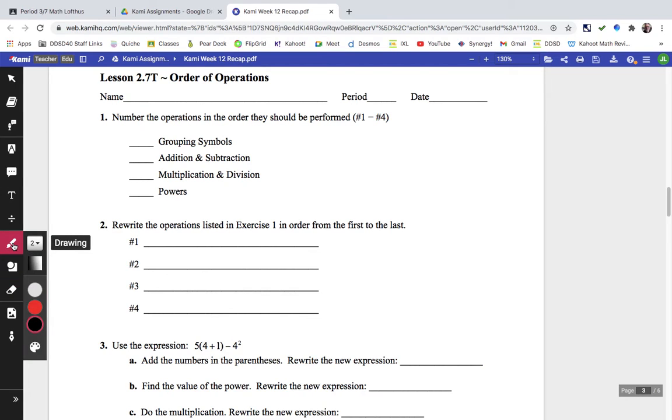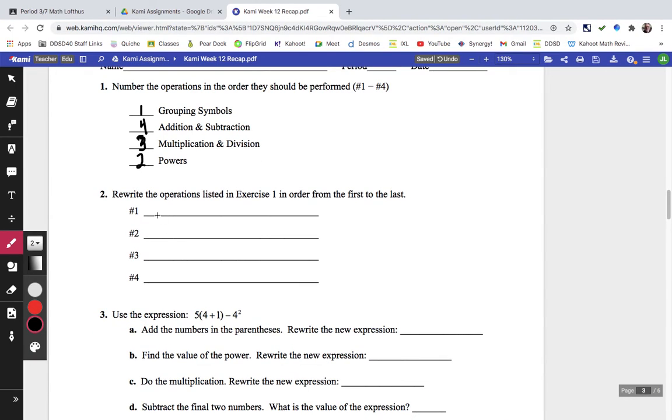It says number the operations in the order that they should be performed. The first thing that should be done are grouping symbols, so that's number 1. The next thing are powers. Next thing, multiplication left to right, that's a 3. Finally, addition left to right is 4.